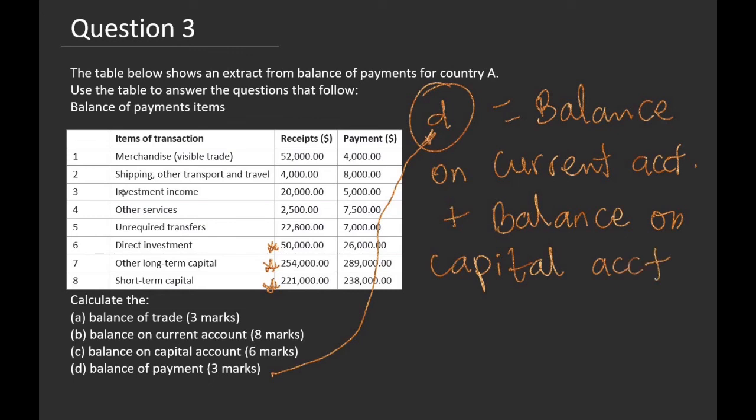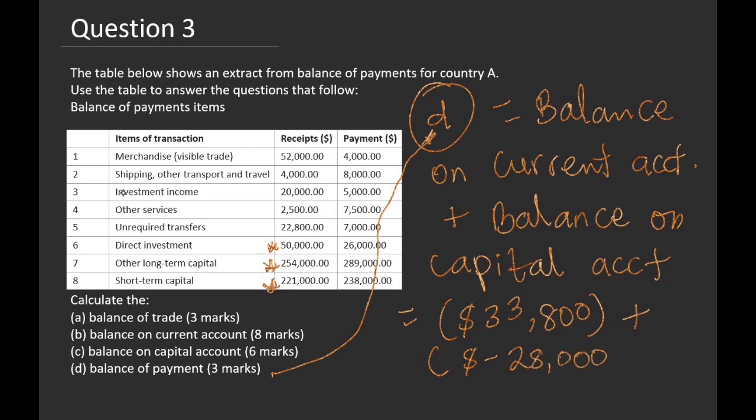So balance of payment equals the balance on current account, which is $33,800, plus the balance on capital account, which is actually minus 28,000.